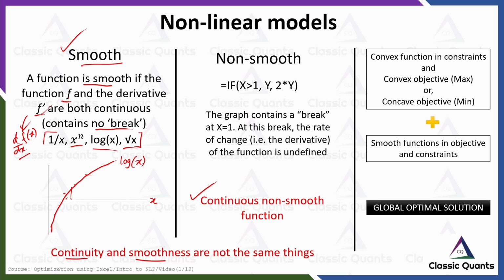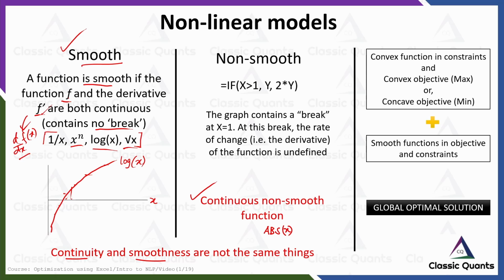So there can be a continuous and still non-smooth function. What is an example? An example is the absolute function. If you take the absolute of x, it is a continuous function, but it is non-smooth.